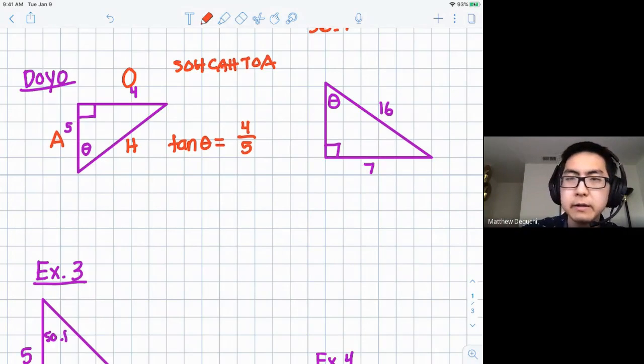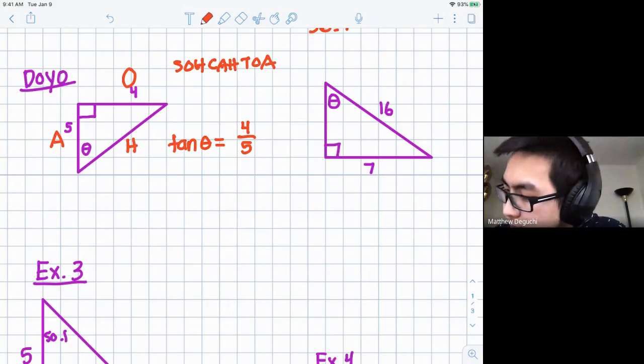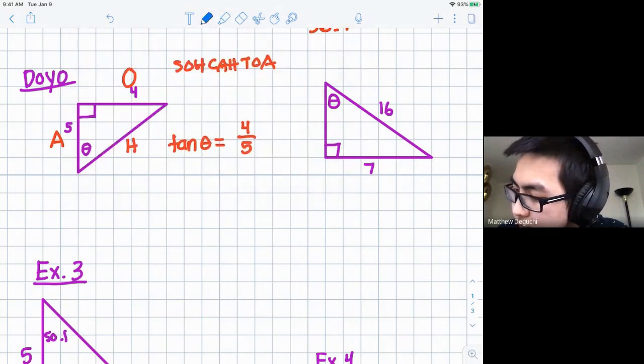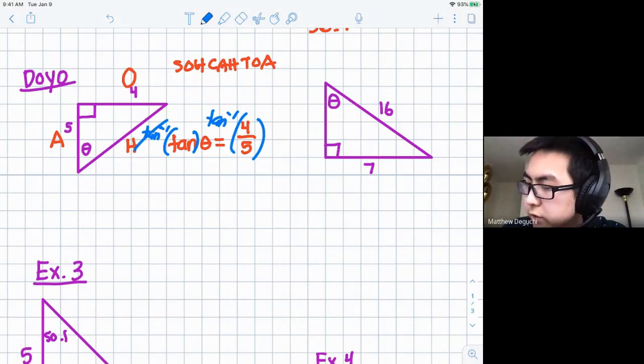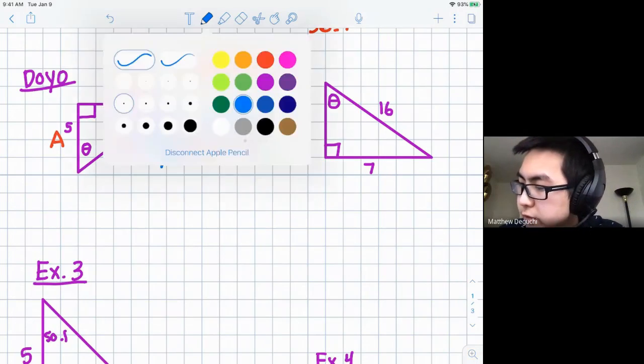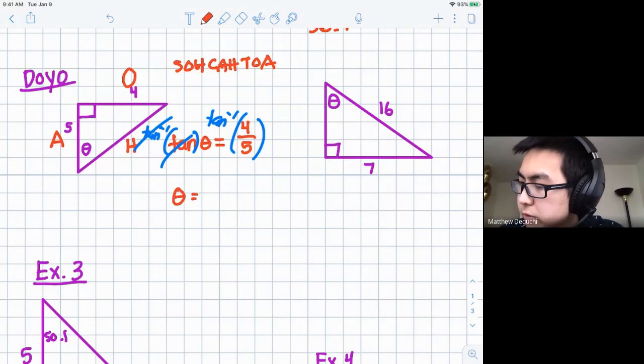To solve for theta, take the tan inverse to both sides. These are going to cancel. So then you're just left with theta is equal to tan inverse of 4 over 5.